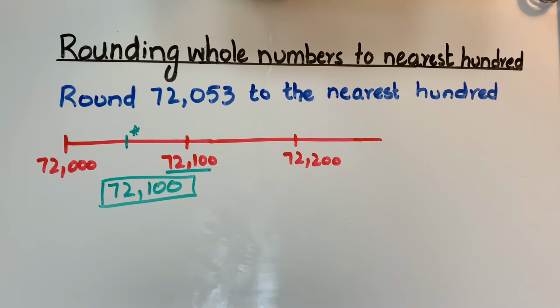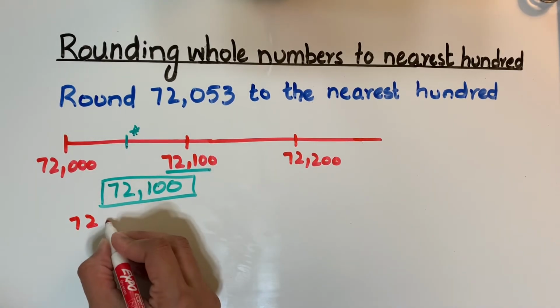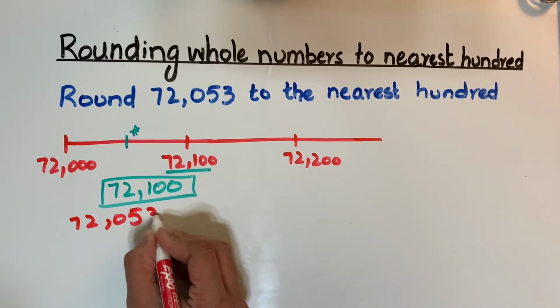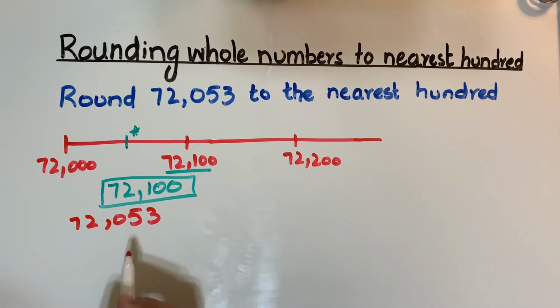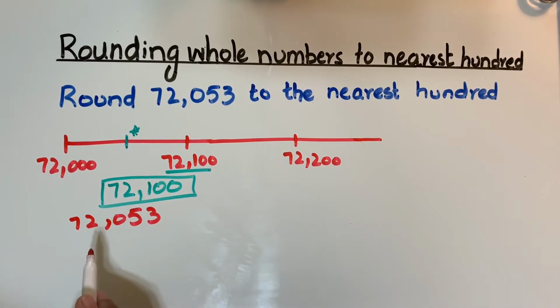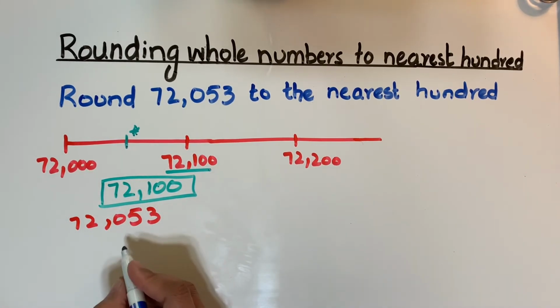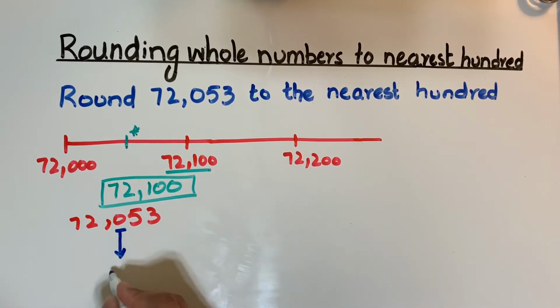Let's solve this question in another way, the way which I told you in my previous video. We have to round 72,053 to the nearest hundred. Rounding to the nearest hundred means we have to mark where the hundreds place is.